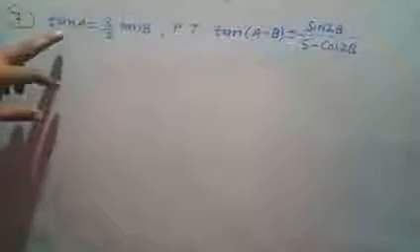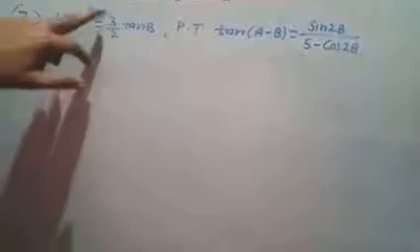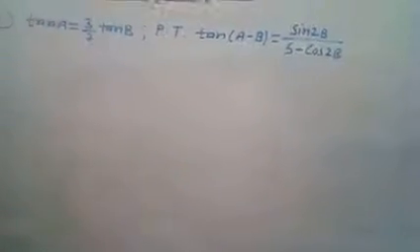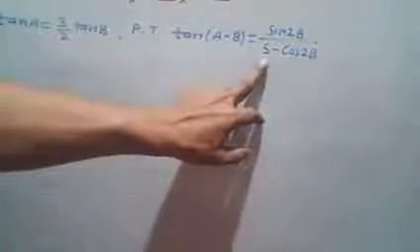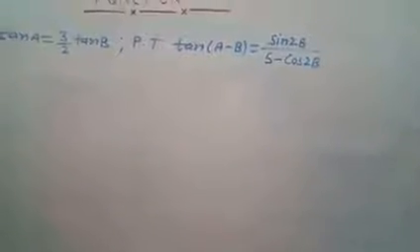Now in this sum we have to prove, if tan A is equal to 3 by 2 tan B, then tan(A minus B) is equal to sin 2B upon 5 minus cos 2B. This is what we need to prove.